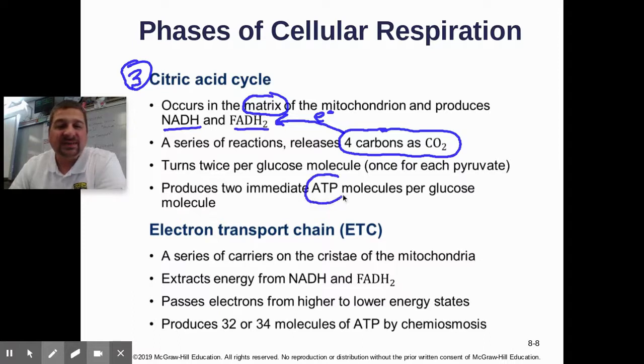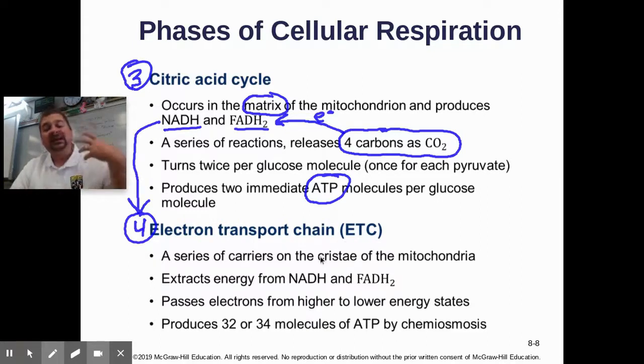There is going to be some substrate level ATP production, and we'll talk more about that when we get into these processes. And then the last step is to take all these NADHs and FADH2s to the electron transport chain, where they will dump off their electrons. And those electrons, like a typical electron transport system, will go boop, boop, boop, boop, boop.